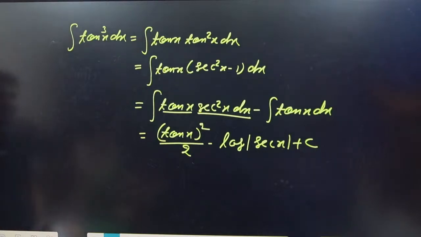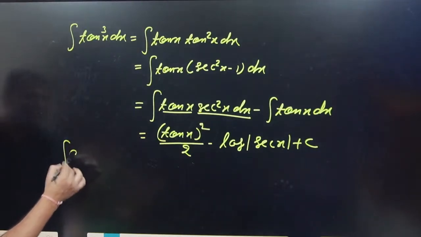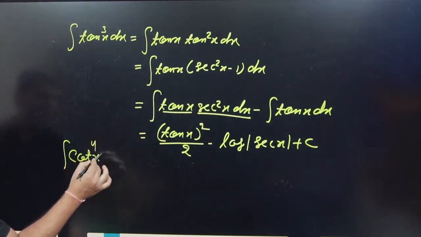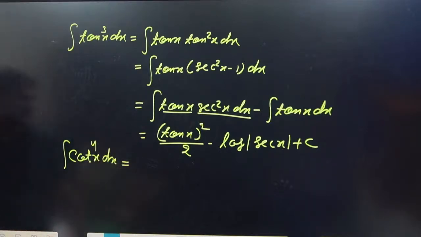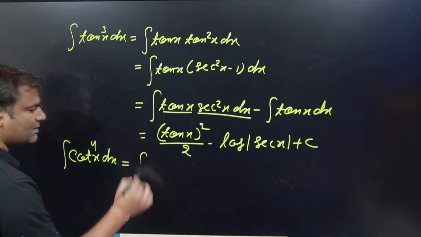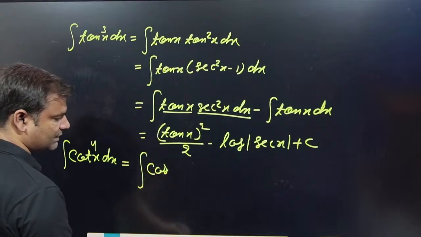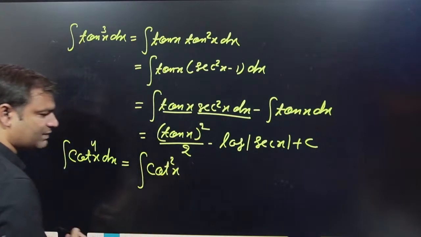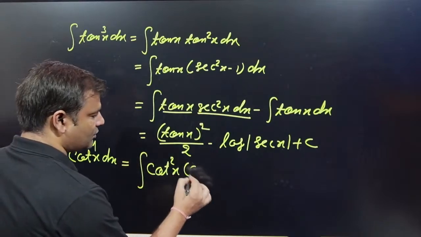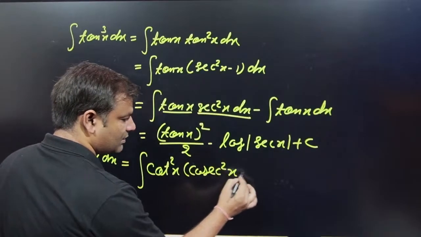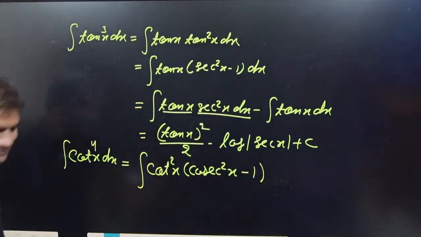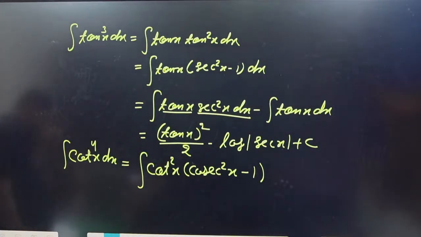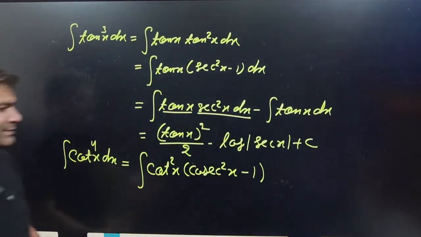Now another way, the integration of cot x to power 4 dx. How can we solve this type of problem? Same thing. Here write cot square x into cot square x, and one cot square x is replaced by cosec square x minus 1 dx.